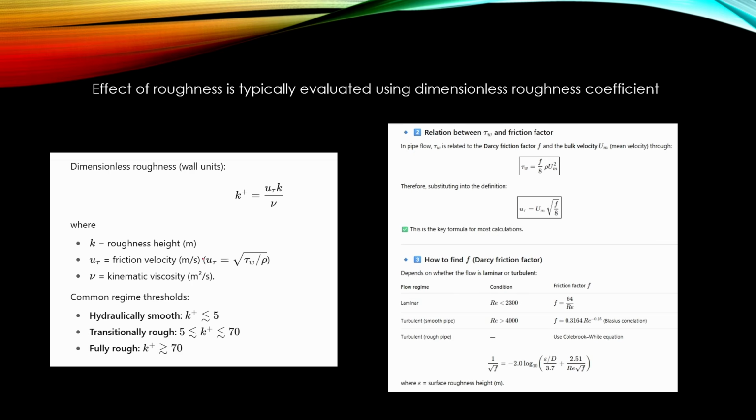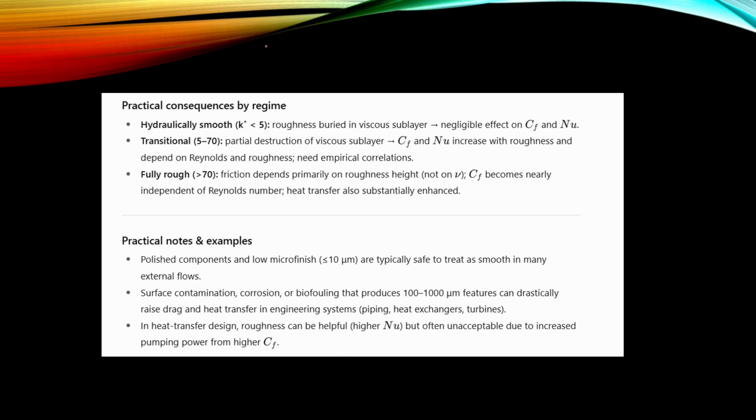And when you calculate this K plus value and it's below 5, then you can say that the surface is smooth. And if this K plus is higher than 70, then it is fully rough. Here we have some kind of a summary how this roughness affects flow.